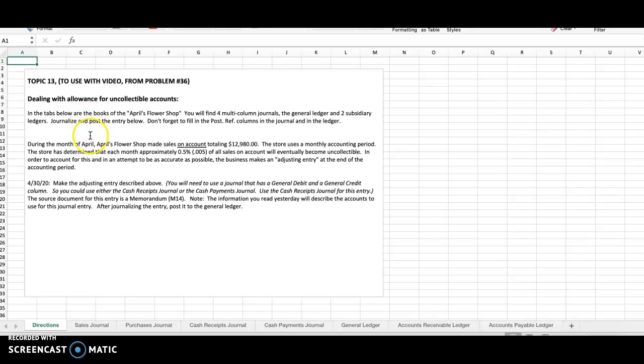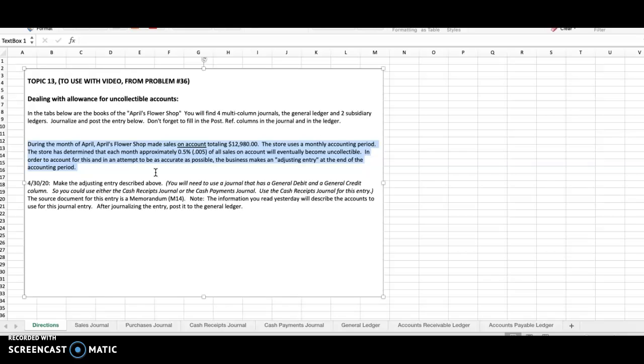So in problem 36, you had this piece of direction. It said during the month of April, the flower shop made some sales on account, and they estimate that each month about 0.5% of all sales on account will eventually become uncollectible.